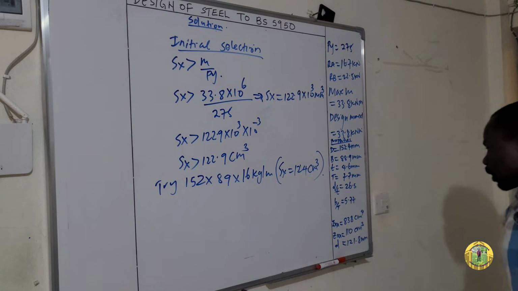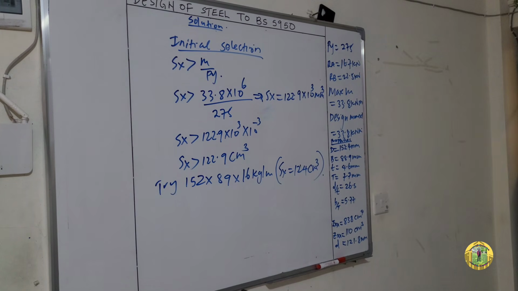Ixx is 838 centimeter raised power 4, Zxx is 110 centimeter raised power 3, and then small d is 121.8.